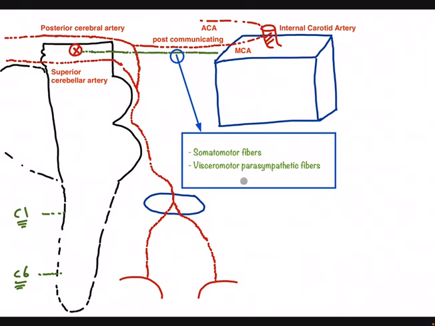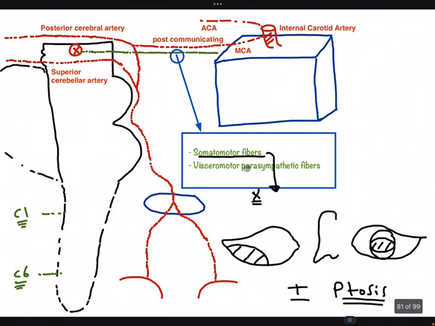The question now is, what will happen if the patient is presented with somatomotor fiber dysfunction or visceromotor parasympathetic fiber dysfunction? What will be the clinical presentation if the patient is having damage to one of the oculomotor nerve fibers?